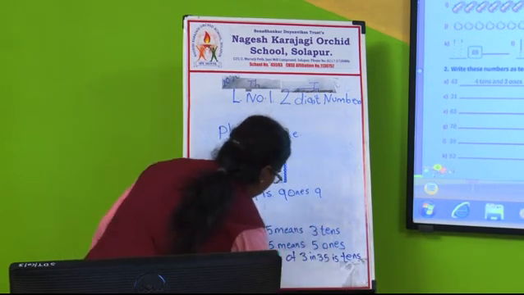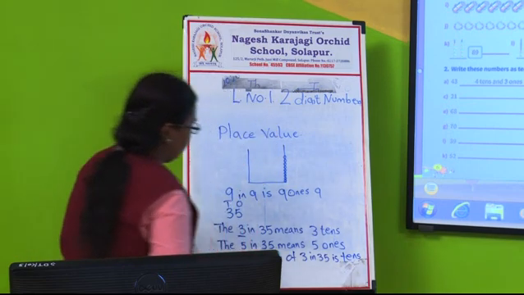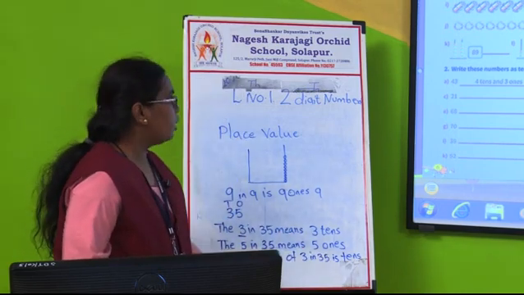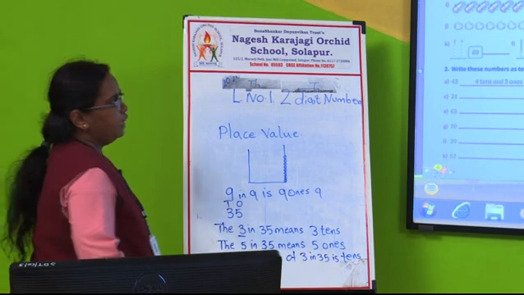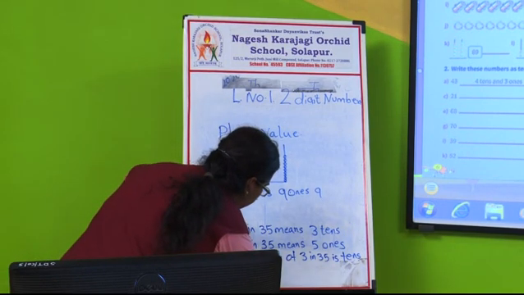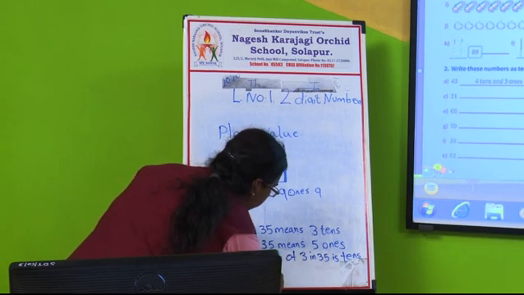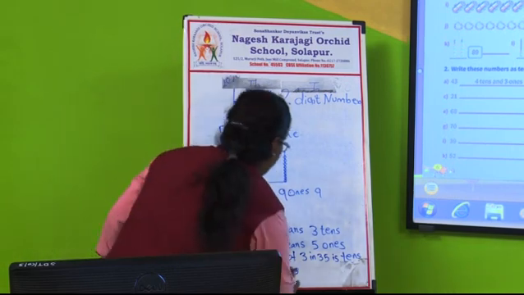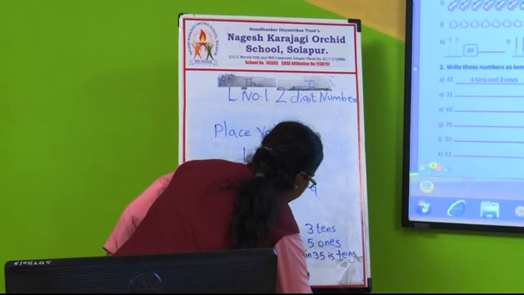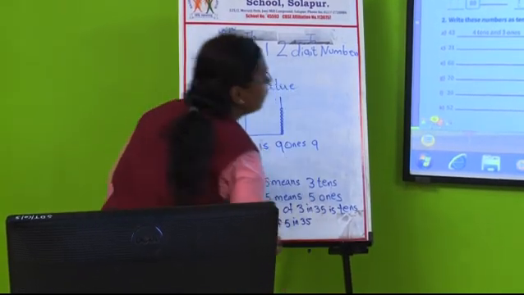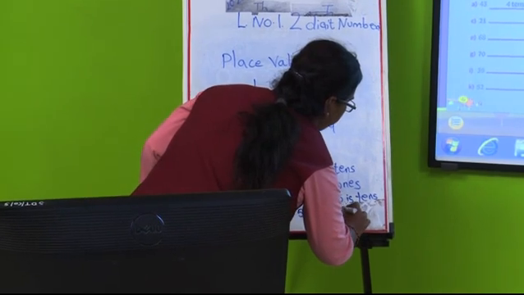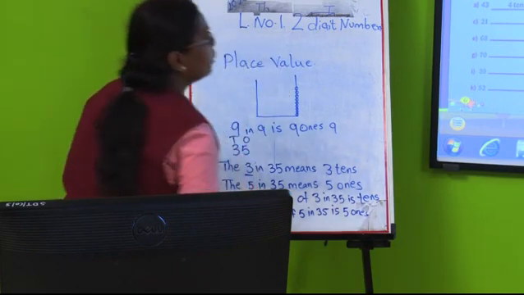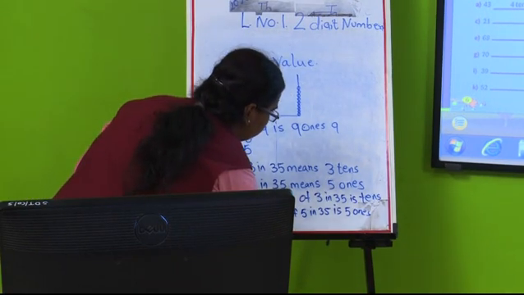The place value of 3 in 35 is tens or 30. Then the place value of 5 in 35 is 5 ones, or 5. It is 5 ones or 5.